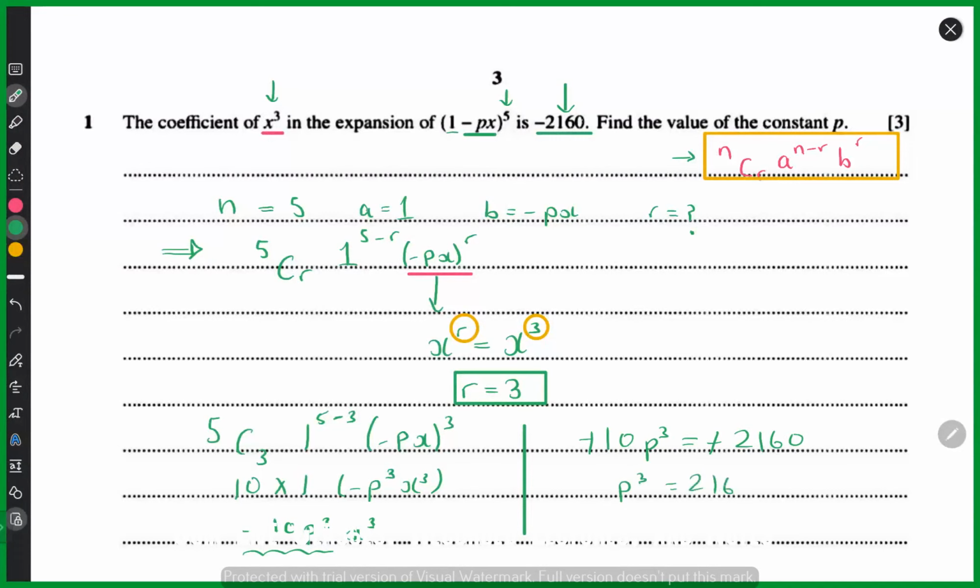So p is going to be equal to 6. This was the question. Yes, now take a few seconds, and if you have any query, you can ask me.